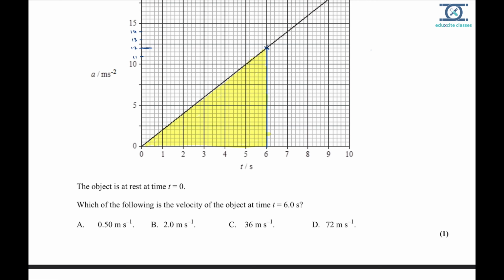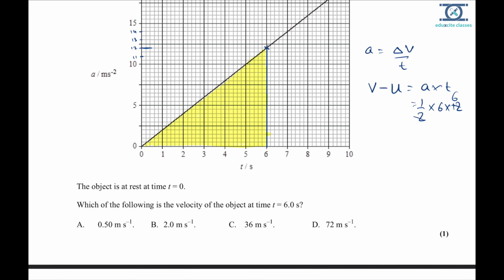So I can write acceleration is delta v over time, and delta v, final minus initial, is a into time. A into time is the area under the curve, which is half into base 6 into 12. So this is 6.